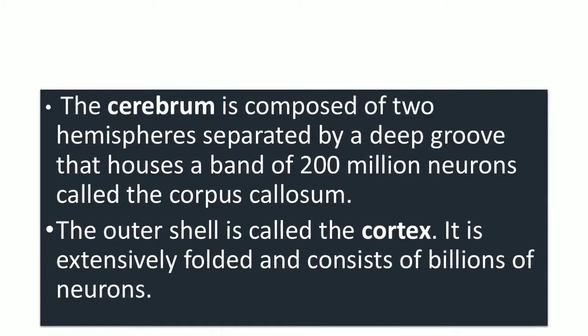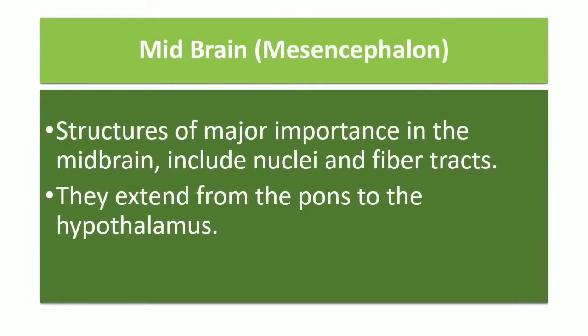The corpus callosum has about 200 million neurons, and it joins the left and right hemispheres, as I told you. Then the midbrain extends from the pons to the hypothalamus.